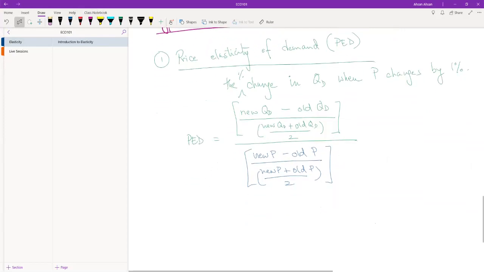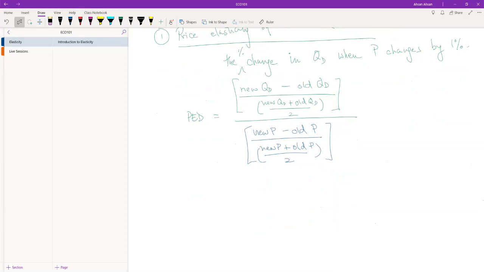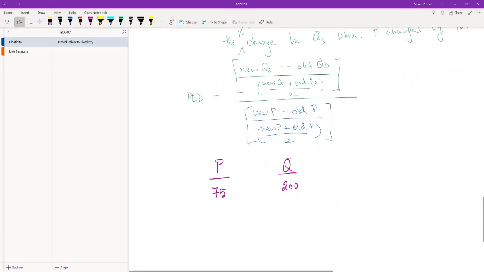So suppose, think of any good that you regularly buy. Doesn't have to be anything particular. So suppose when price is, let's say 75, you buy 200 units of this good. But then price goes up to, let's say 90.